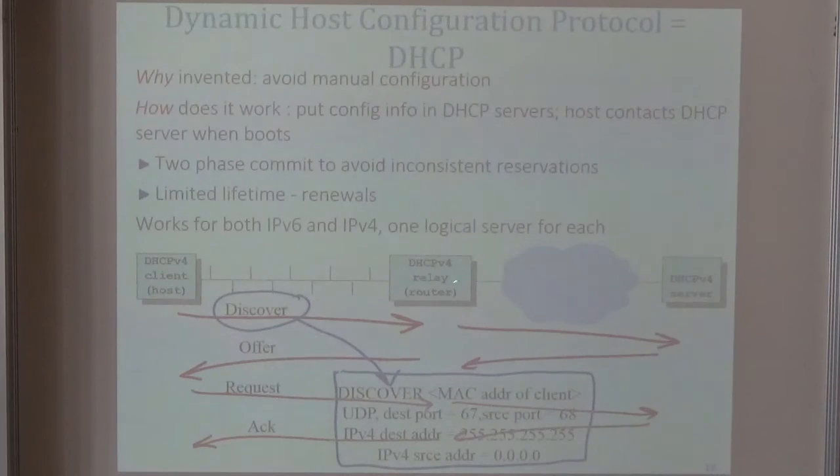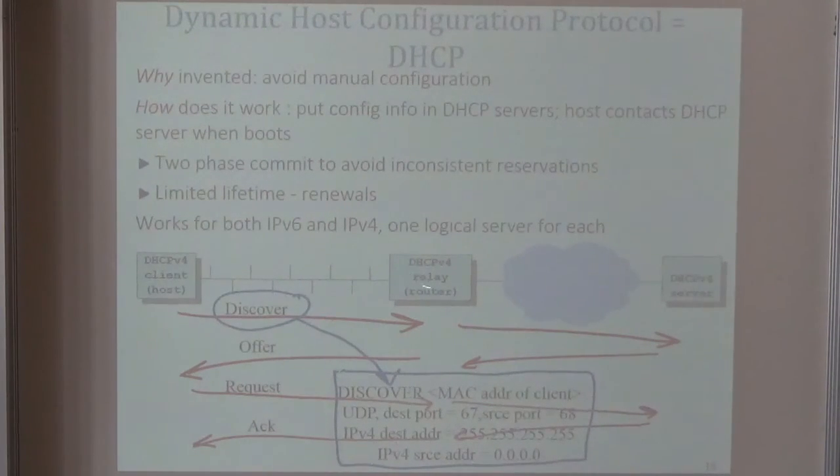The DHCP server cannot talk to this machine directly because this one doesn't have an IP address and it's not on the same LAN. But it can talk to the relay router, and in the response there will be all the configuration information, which is in particular which IP address this guy should use. And perhaps also things like IP address of a DNS server.